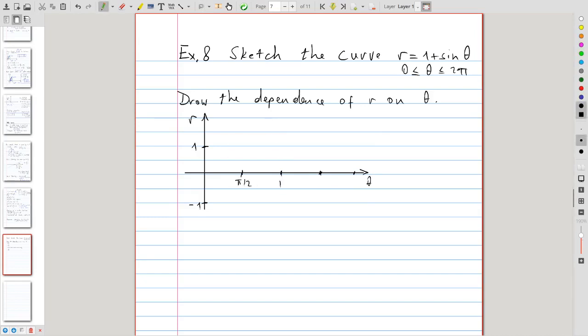Pi over 2, pi, 3 pi over 2, and 2 pi. And the maximal value my sine theta can take is 1. And so this means that 1 plus sine theta can take the value of at most 2. Right. And then I'll just need to draw the graph of sine theta shifted by 1 upwards. So it means it will be contained between the coordinate axis and the line r equals 2.